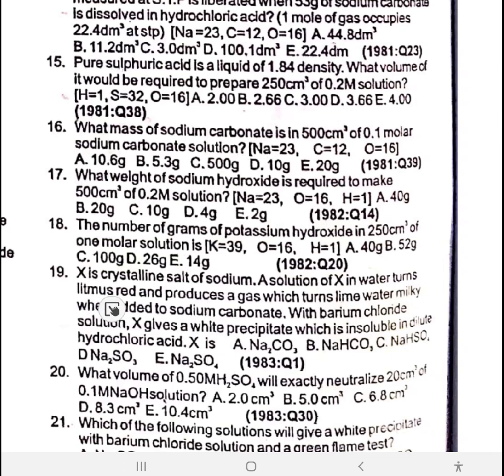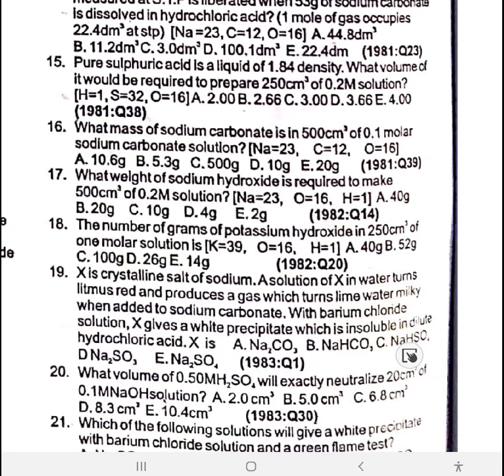Option B and option C can both produce red litmus, and this one can readily produce CO2, which will turn lime water milky. But they say it only produces a gas which turns lime water milky when you add them to sodium carbonate.